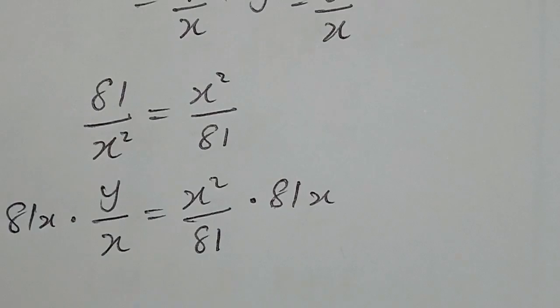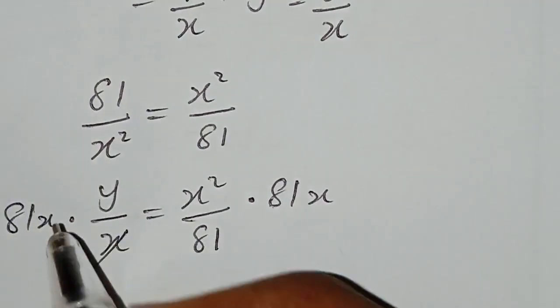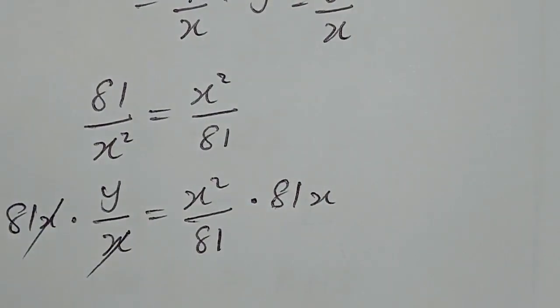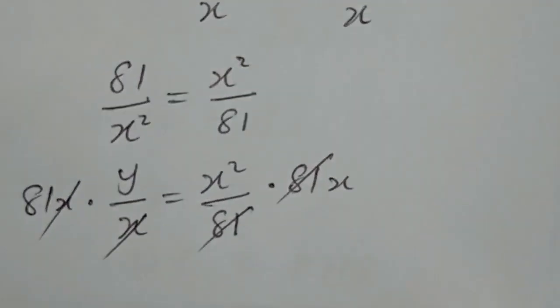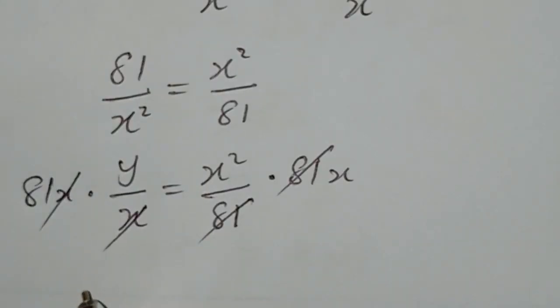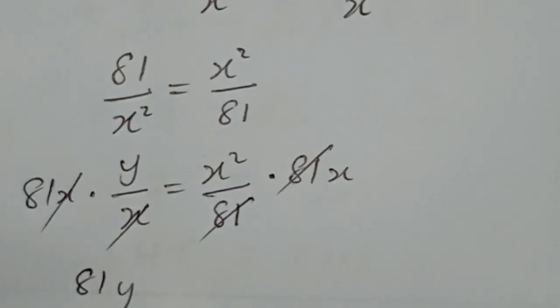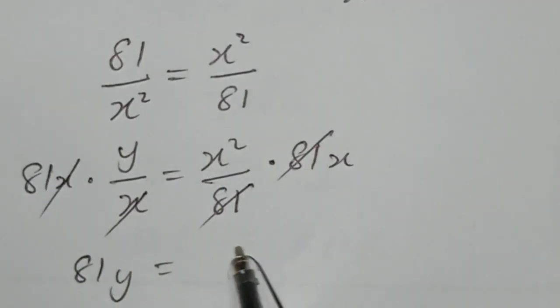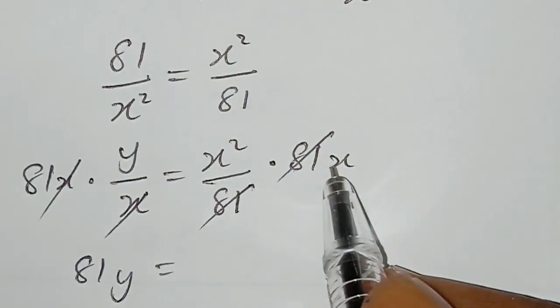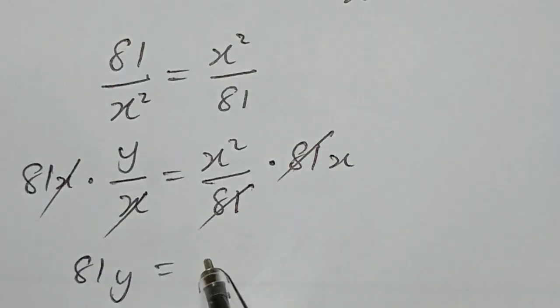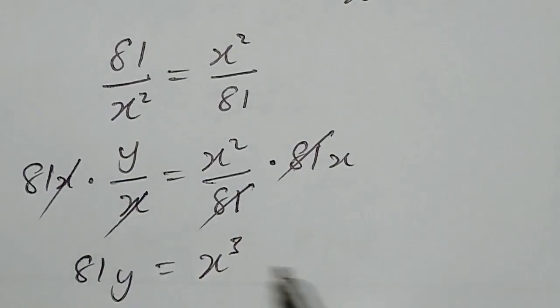Now here, this x cancels with this x, and we cancel out 81. So we are left with 81y equal to x squared multiplied by x, which is x cubed.